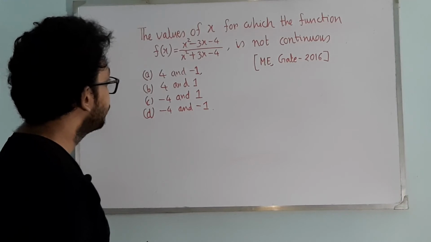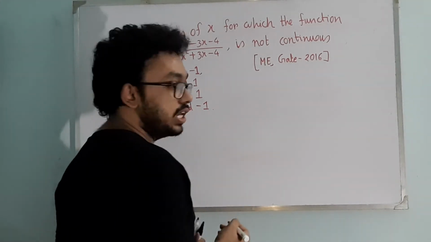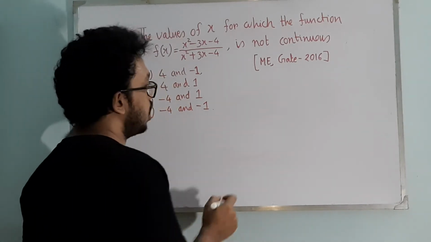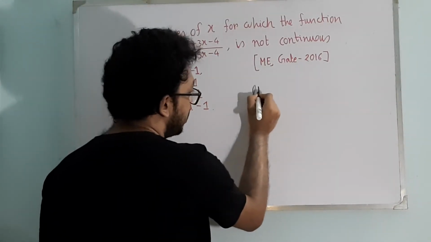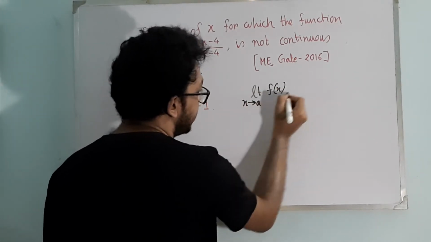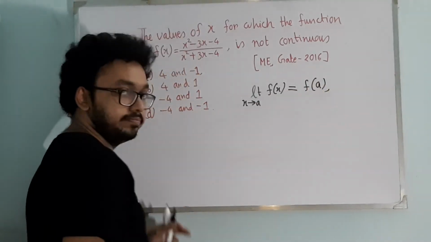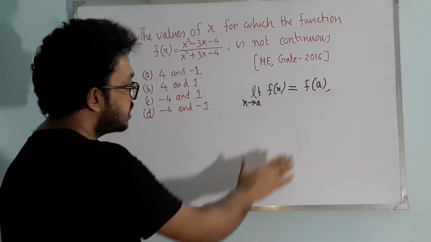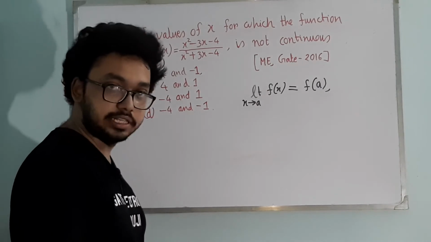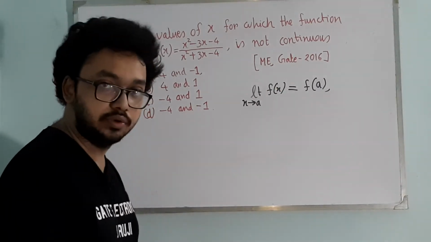Okay, see, we know that a function f(x) will be continuous at x = a if the limiting value of the function f(x) at x = a is same as the value of the function f(x) at x = a, right? This is the condition for a function to be continuous at x = a. The limiting value should be same as the functional value, right?